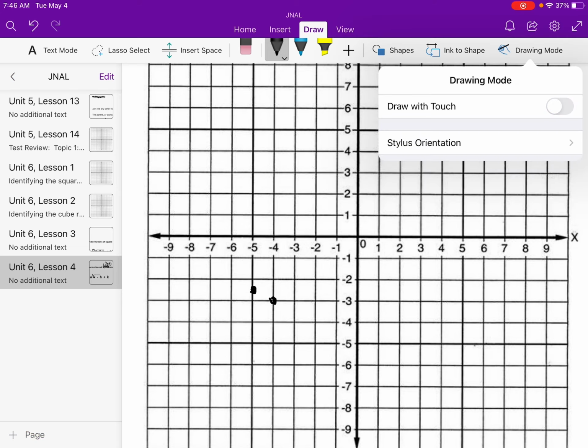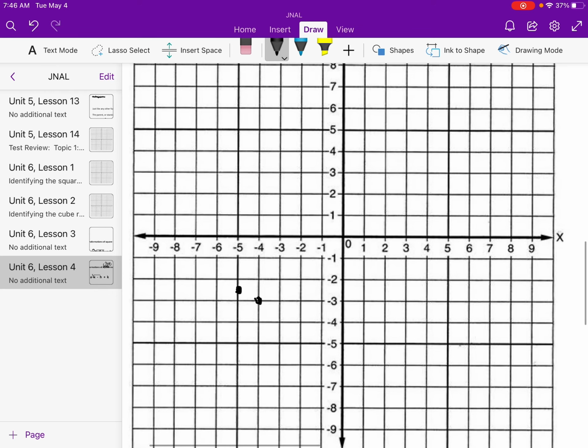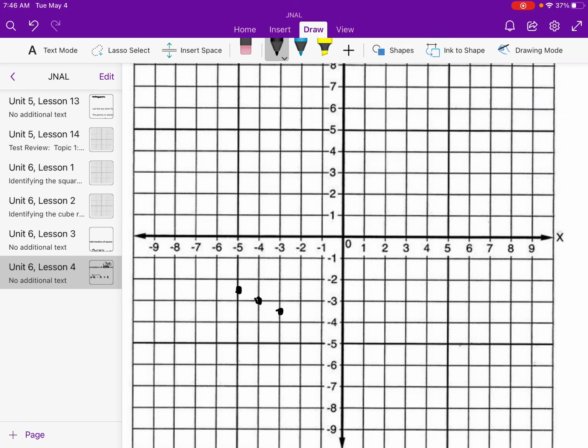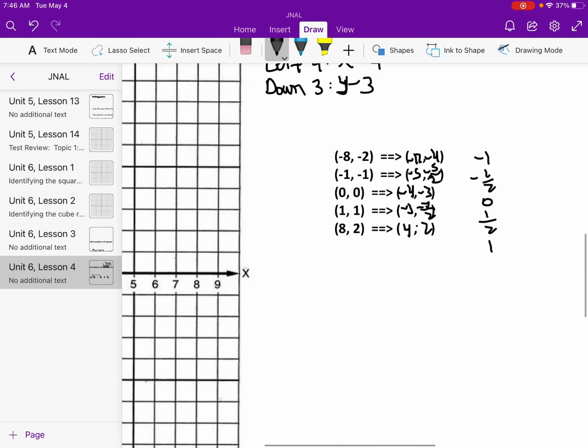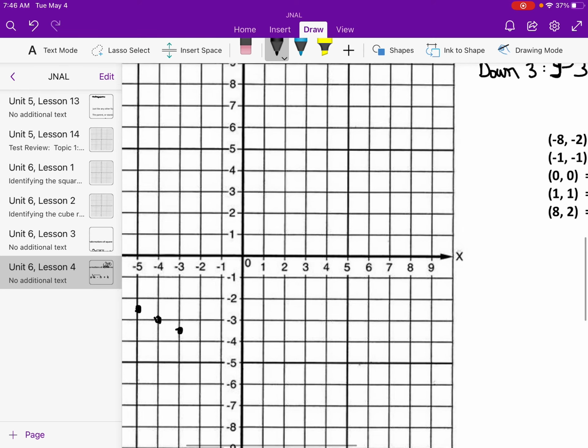Then we have negative 3, negative 7/2, which is really 3.5. Those are the three points I was talking about, and the middle one is what you would call the vertex. And then you have 4, 2.